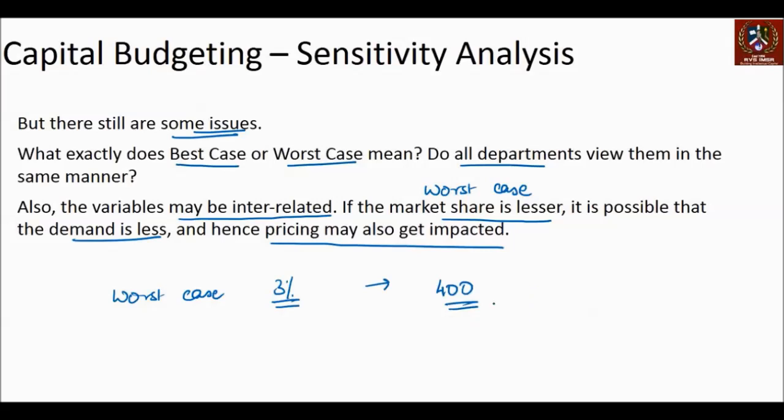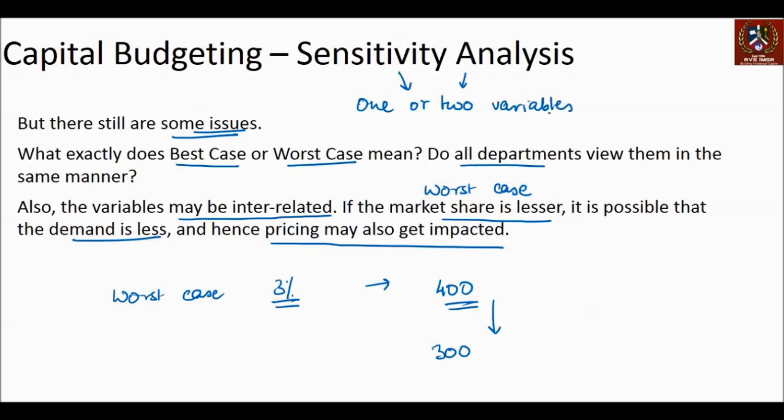If demand is lower and pricing goes down, it's quite possible the number actually falls to 300. And that is not getting captured here because we are not moving too many variables. In sensitivity analysis, we are basically playing around with one or two variables or inputs at a time.